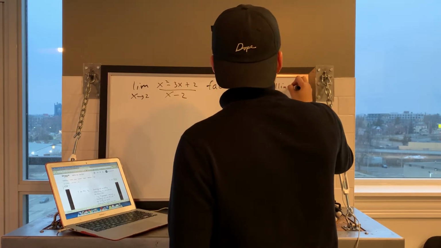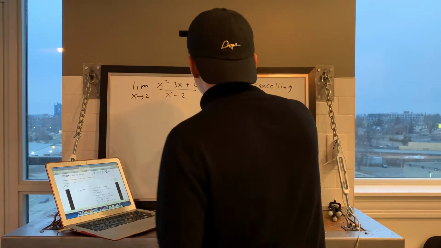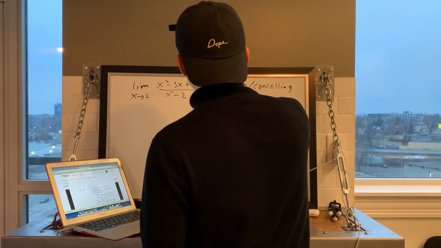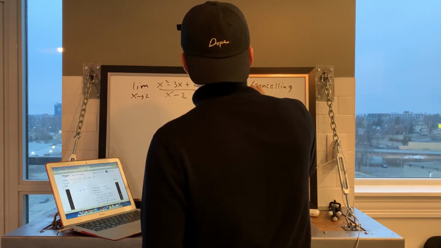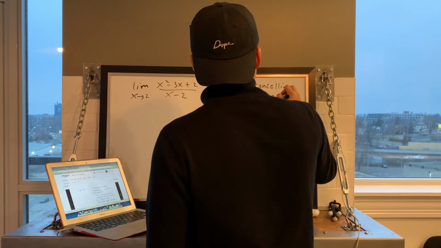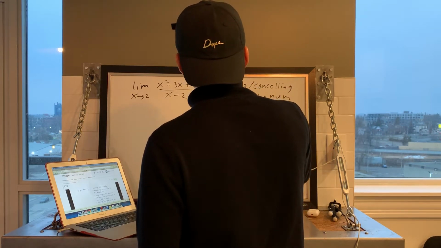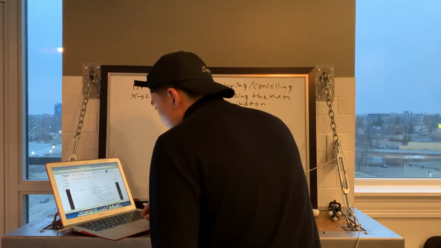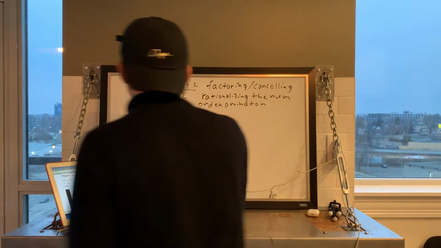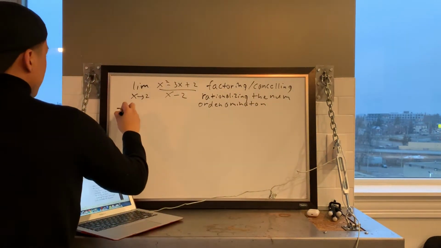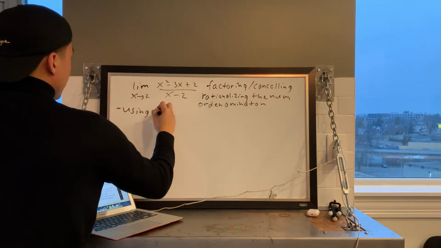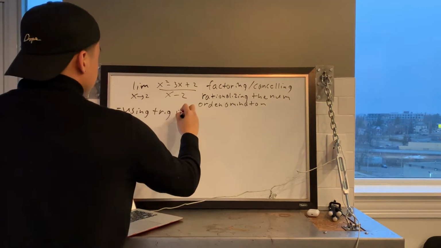Okay. We have rationalizing the numerator or denominator. Okay. We have, I'll make sure you guys can see, using trig identities.